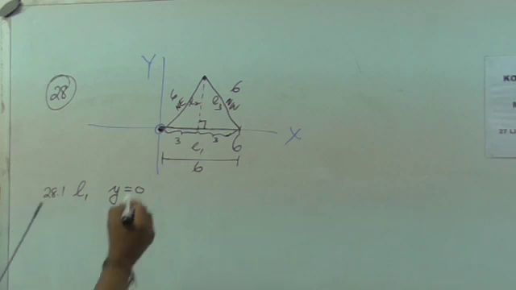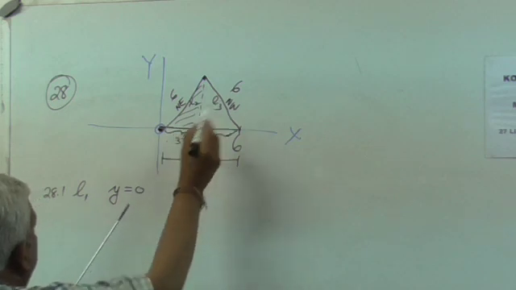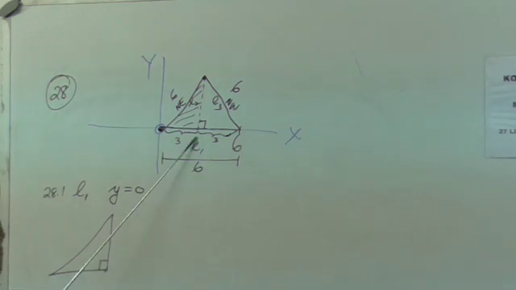Now, if you take the shaded triangle, and if I just draw it separately here, then from here to here it is 3. From there to there it is 6 because it's an equilateral triangle. Now what we don't know is how long this is.